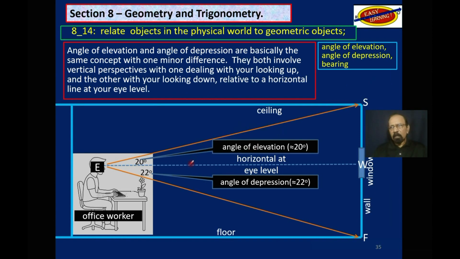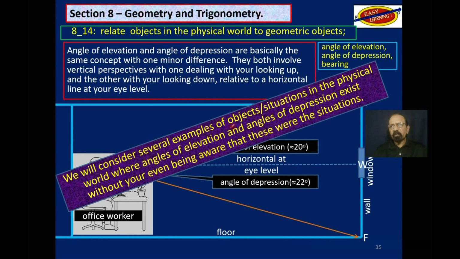So now you understand what an angle of elevation is. Your line of sight is above this horizontal at eye level. And you know what an angle of depression is. Your line of sight is at an angle below this horizontal at eye level.